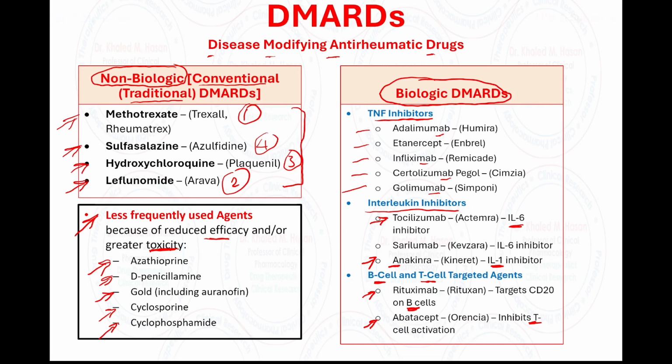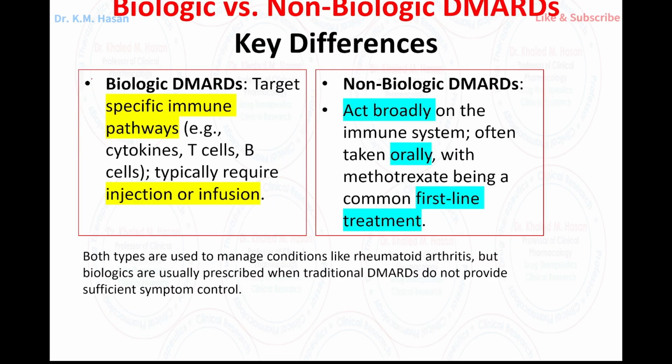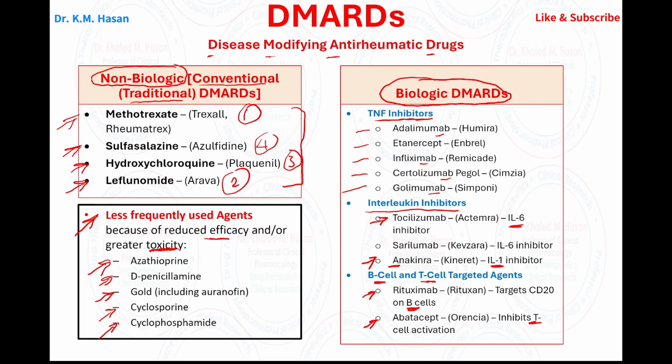I will start with the first group here, non-biological. I will go back. Non-biological DMARDs, we have methotrexate, sulfasalazine, hydroxychloroquine, leflunomide. Less frequently used non-biological factors, due to less efficacy and greater toxicity, are azathioprine, penicillamine, gold salt, cyclosporin, cyclophosphamide. Done.